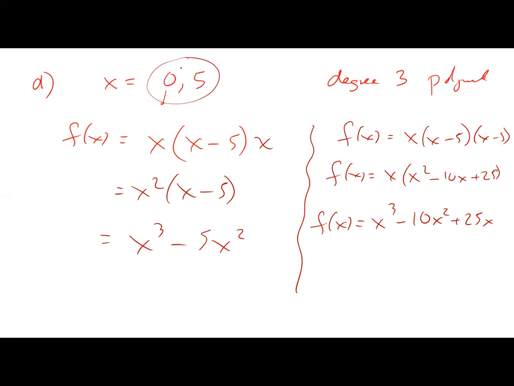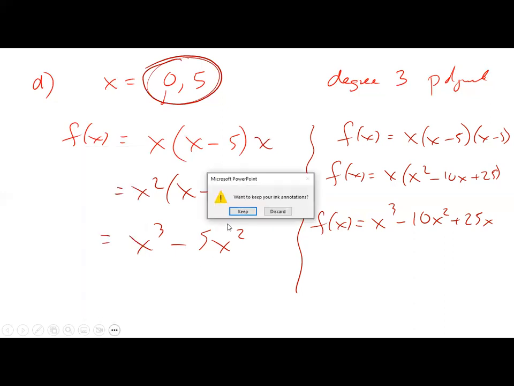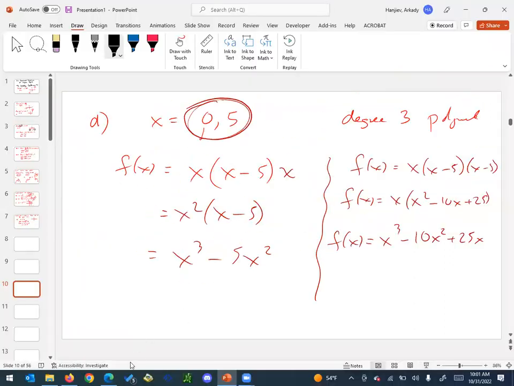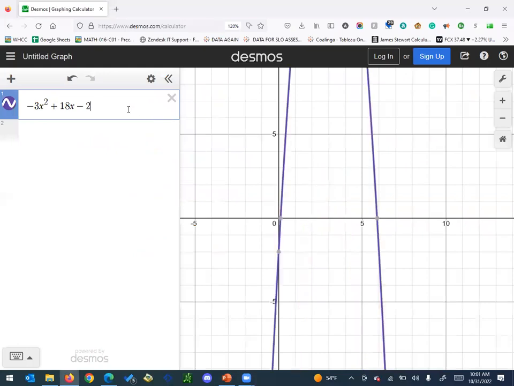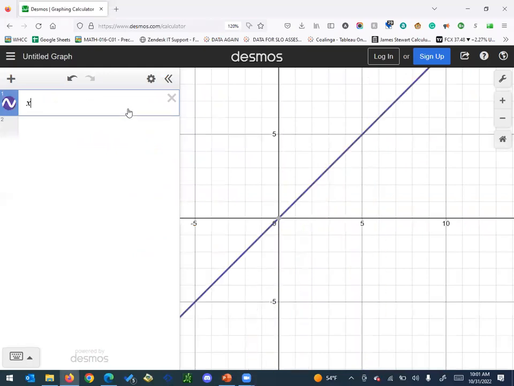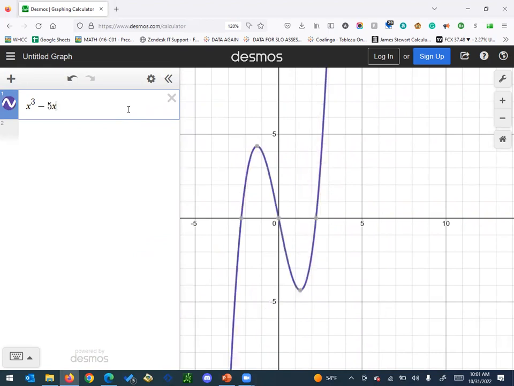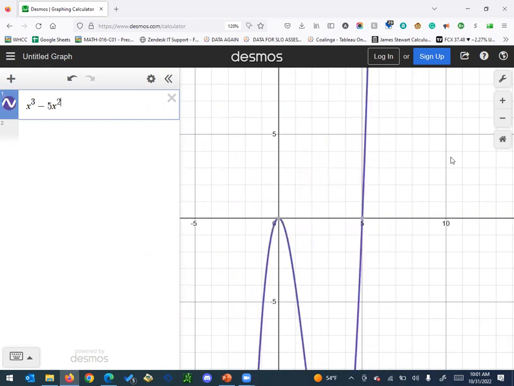If these guys both have zeros at 0 and 5, let's take a look at the graphs on these guys. So x cubed minus 5x squared. The 3rd power minus 5x to the 2nd power. Are we good with that one?